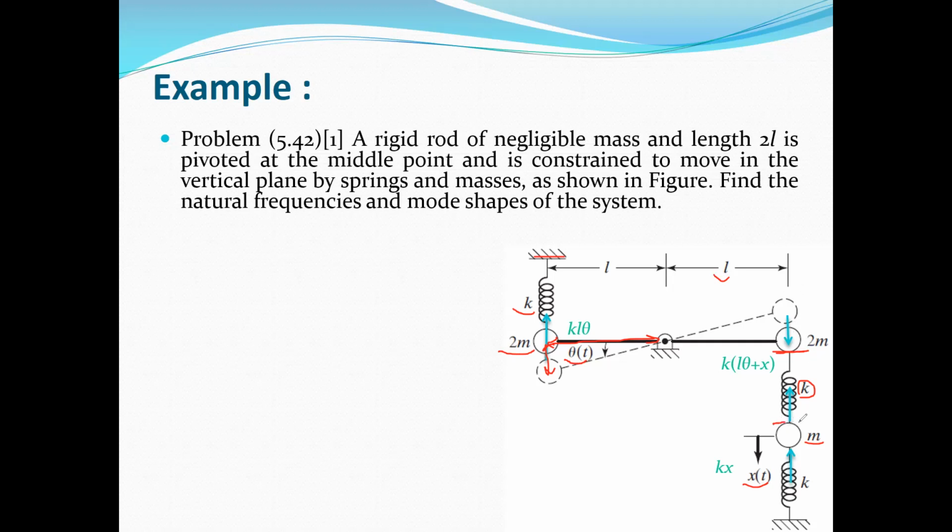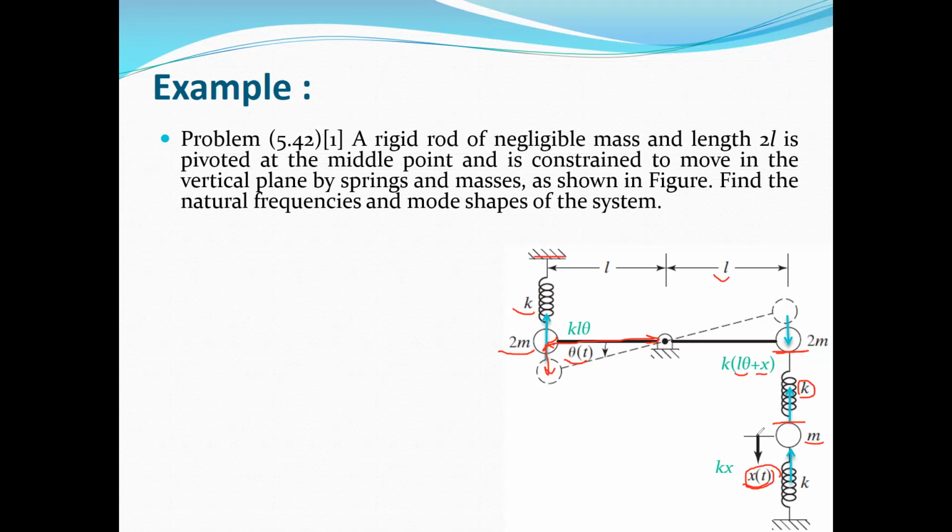But for the lower edge, the displacement is equal to x(t), because it is fixed to mass m, and the displacement of mass m is x(t). So finally, the force in this spring is equal to k times (L theta plus x).